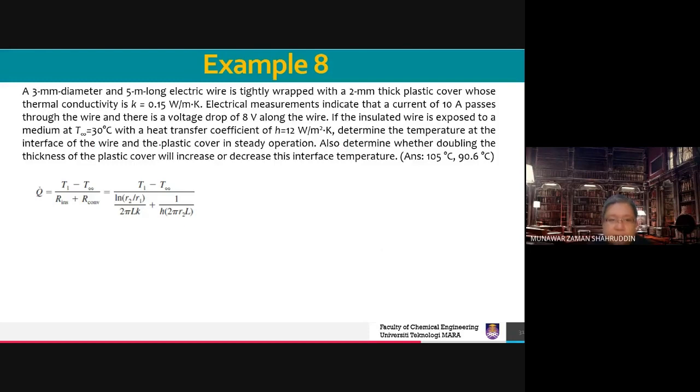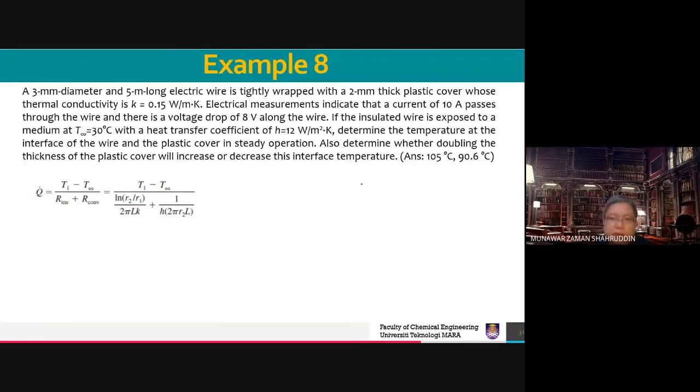The interface in between, those two. Also determine whether doubling the thickness will increase or decrease the interface temperature.